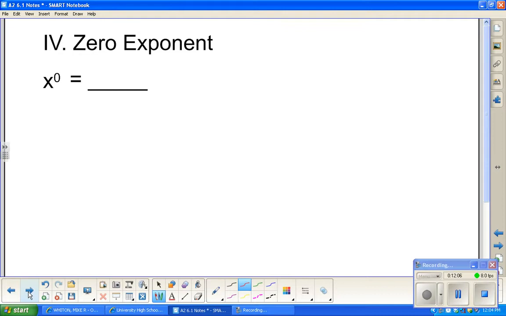It actually is 1, isn't it? You might think it would be 0, but it's really not. If you take a number to the 0 power in your calculator, it's going to equal 1. Okay, and we'll talk about why in a second. There's a little pattern. So if I took the number 3 to the 0 power, it's going to be 1. Okay, what about this?